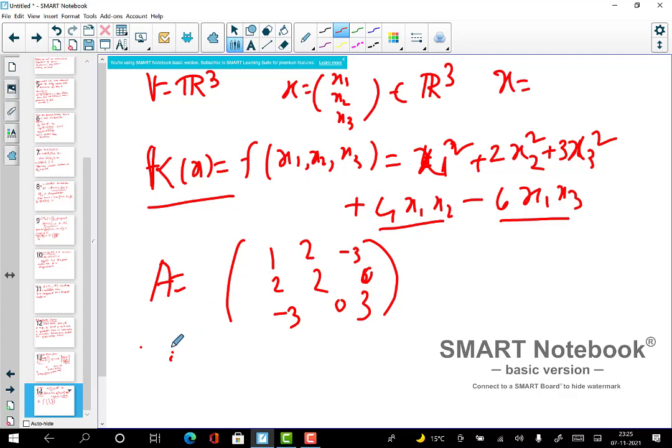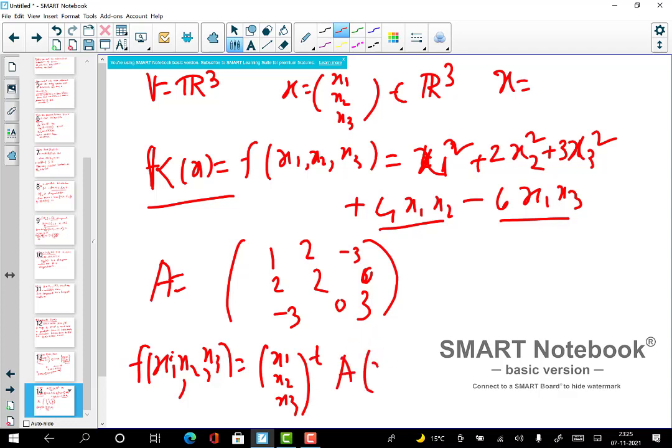The quadratic form you can write as x1, x2, x3 transpose, times the matrix A, times x1, x2, x3. Is it clear? This is the matrix.